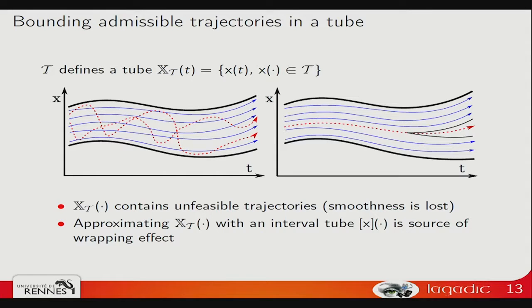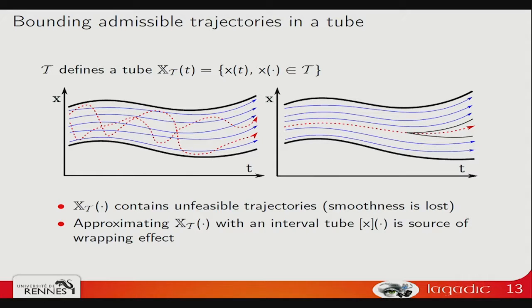And moreover, if we approximate this feasible state not by an exact set, but by an interval, for example, so we use an interval tube, then we have the wrapping effect.